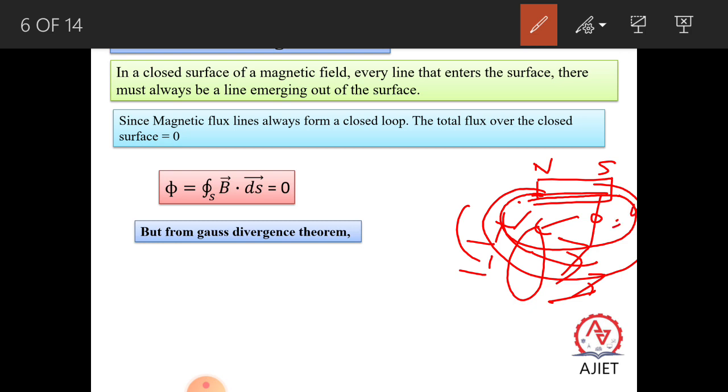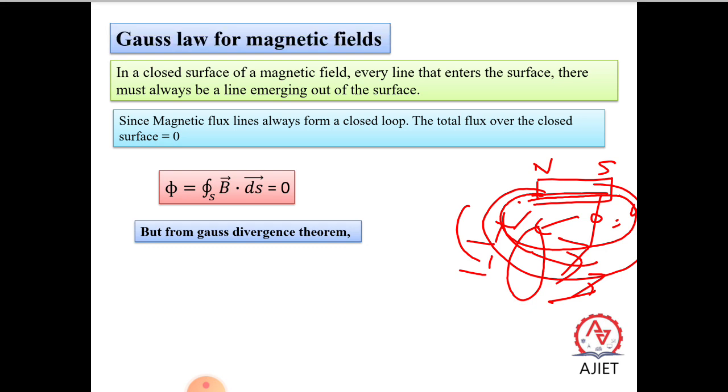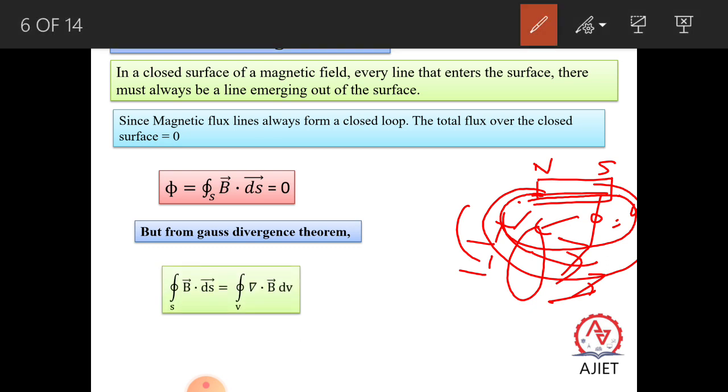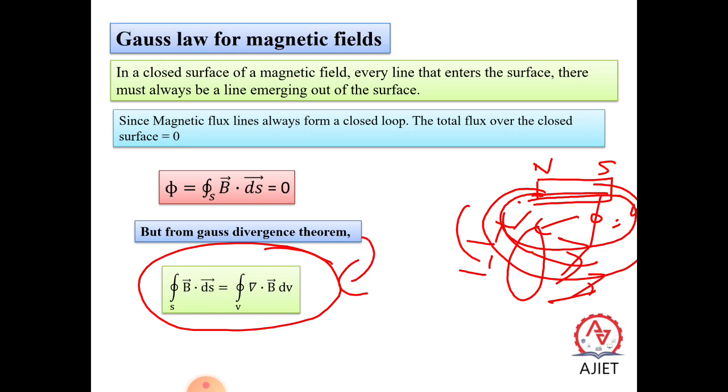So phi can be written as the closed surface integral of B dot dS, which is equal to 0. But from the Gauss divergence theorem, the surface integral can be written in terms of a volume integral: B dot dS can be written as the closed volume integral of del dot B dV. We have written this in accordance with the Gauss divergence theorem.